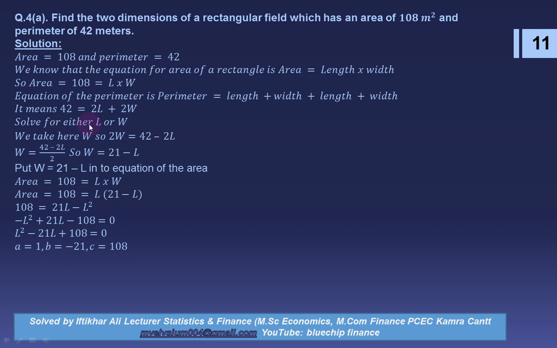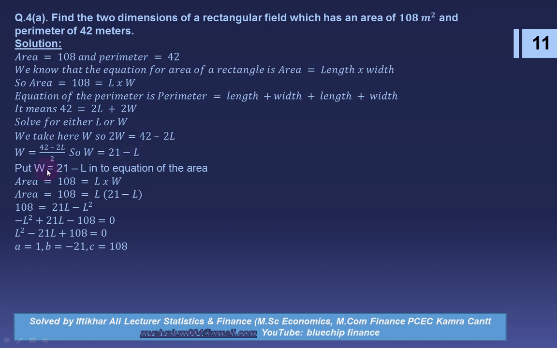Solve for either length or width, it is up to you. We take width here, so 2 width equals 42 minus 2 length, or width equals (42 minus 2 length) divided by 2, or further, width equals 21 minus L.